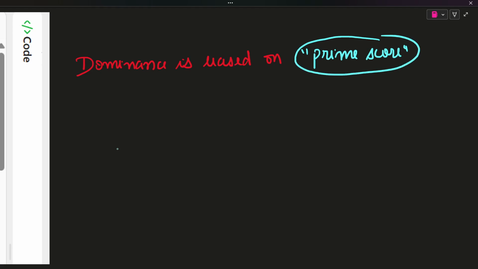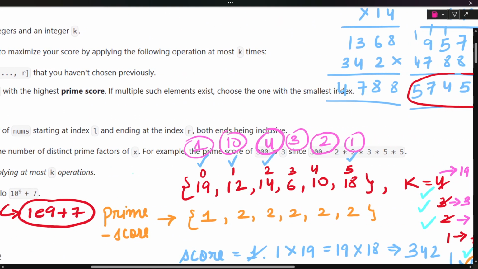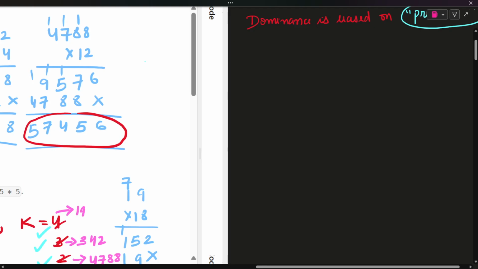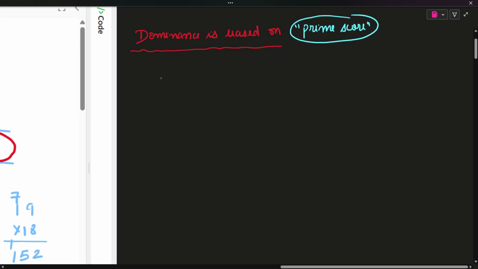Let me write down the numbers: 19, 12, 14, 6, 10. Let me see if I can copy it. Dominance is based on this.